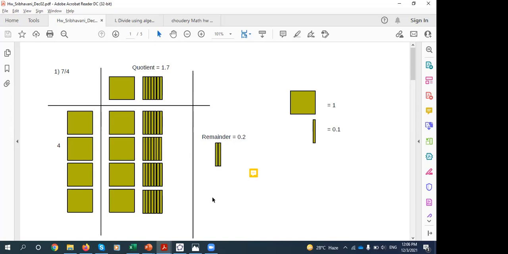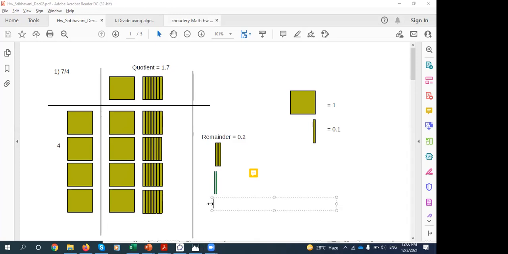Now, if we go along one more step, if we want to continue in this way, then these will have to be divided further into very, very thin strips like this. Each one of these will be 0.01.